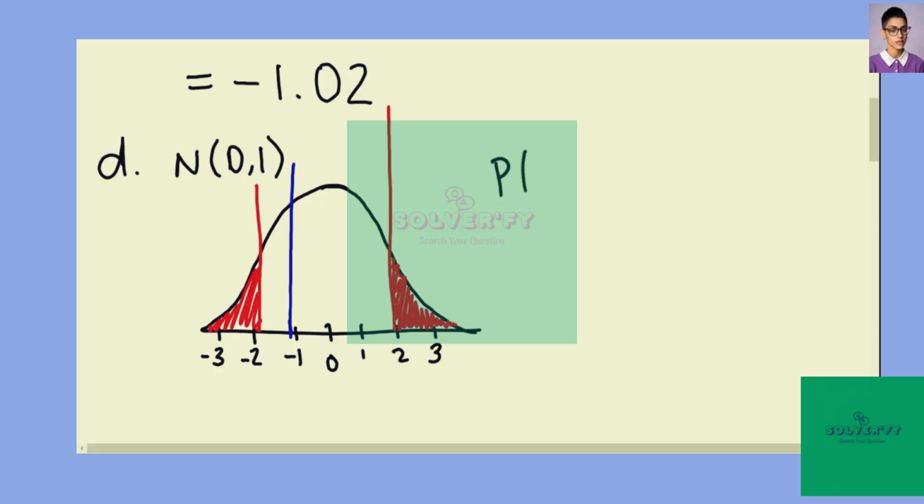And then we'll find our p-value, the probability that z is less than or equal to -1.02. That we find is 0.24.